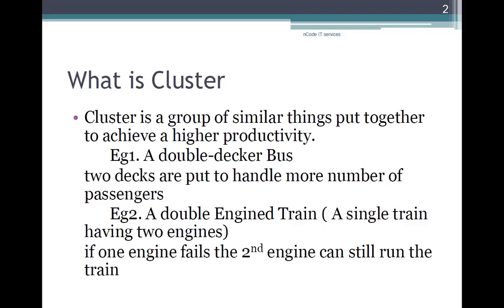The moment you put two engines in a clustered mechanism, we have a train which is highly available. When an engine fails, the system moves on, or fails over, to the second engine and then continues to run.